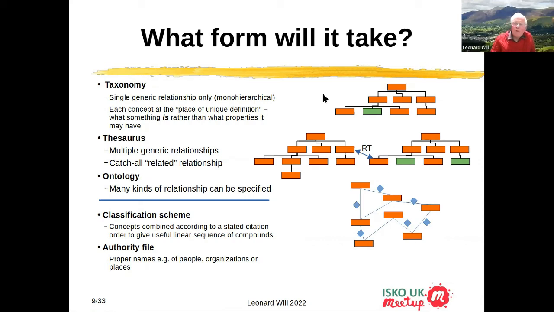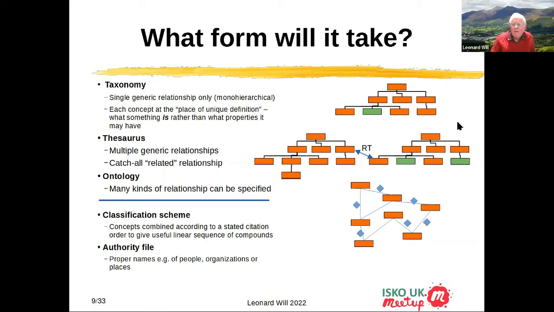To go further than that, in a thesaurus, we can create several of those hierarchical structures because they relate to different aspects, different facets of the subject. And we'll look at those in a minute. But two things about that. One is that a term can occur in more than one place.